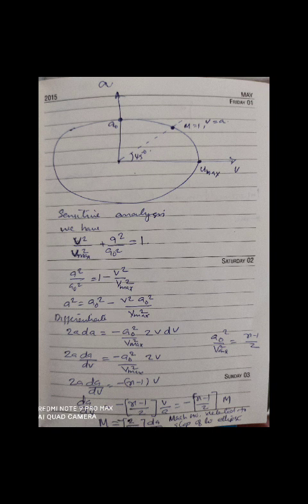Differentiate this, you will get 2A dA is equal to minus a0 square by V max square into 2V dV, since a0 is constant, because in stagnation condition T0 is a constant. So 2A into dA by dV is equal to minus a0 square by V max square into 2V.